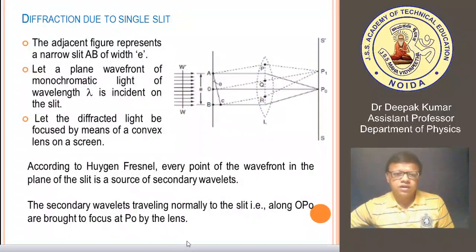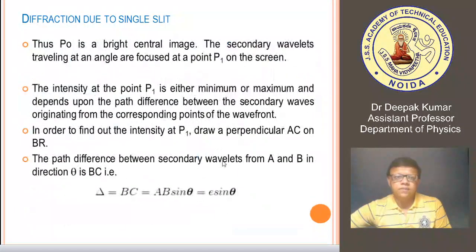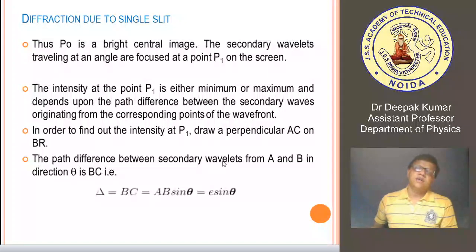Now, according to Huygens-Fresnel theory, every point of the wavefront in the plane of the slit is a source of secondary wavelets. So any particle lying between points A and B behaves like a secondary source. The secondary wavelets traveling normally to the slit are focused at point P0 with the help of the lens. This P0 is a bright central image.